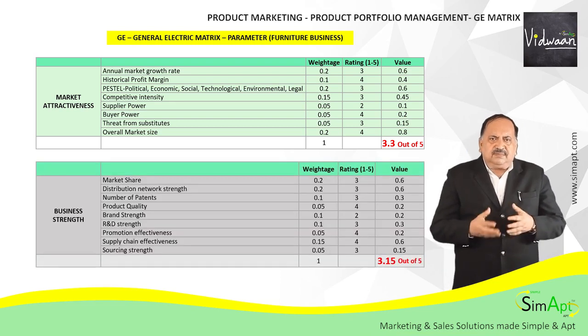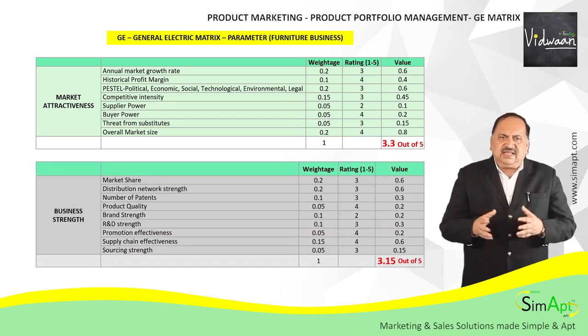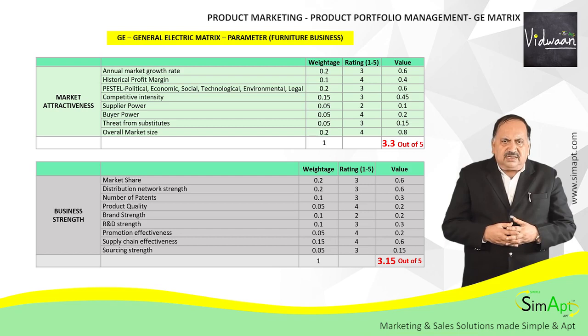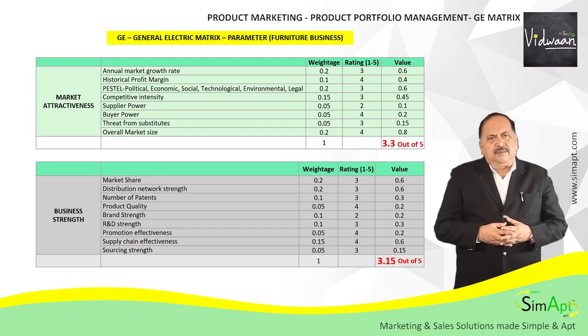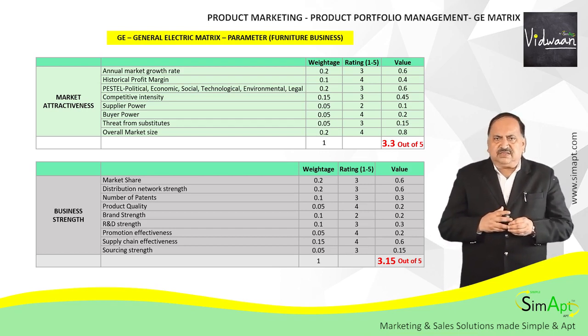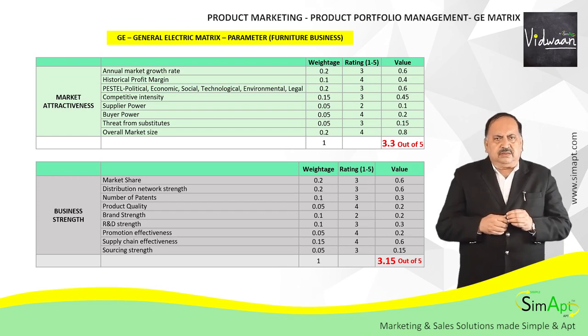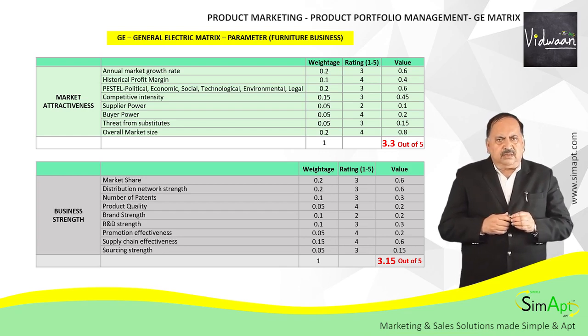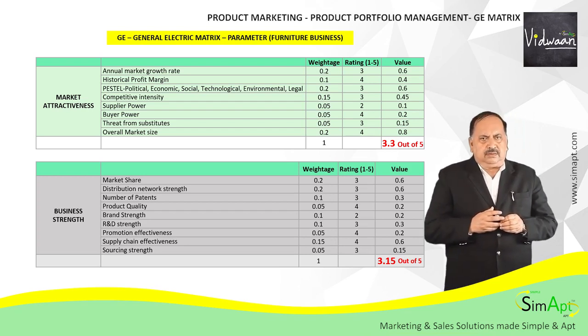Similarly, for the business strength factor, that's the x-axis, the parameters considered are market share, distribution network strength, number of patents, product quality, brand strength, R&D strength, promotion effectiveness, supply chain effectiveness, and sourcing strength.